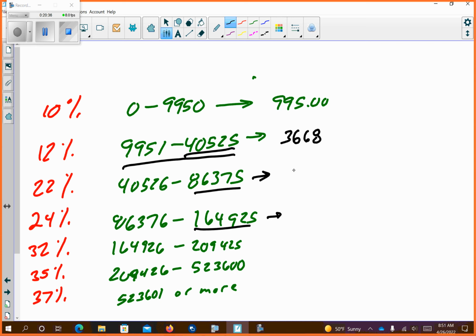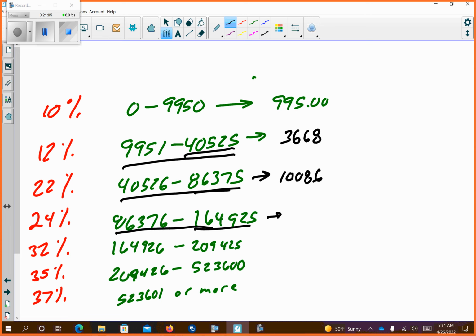Anybody? So just subtract the numbers in this row and then multiply it times 0.22. Can't do the quick math, right? 10,086.